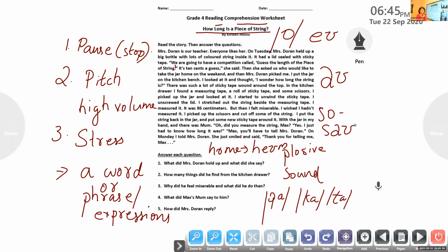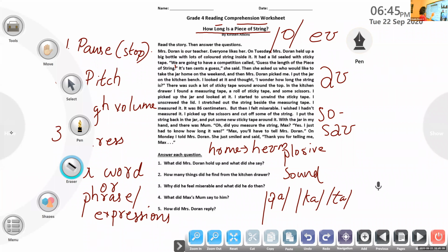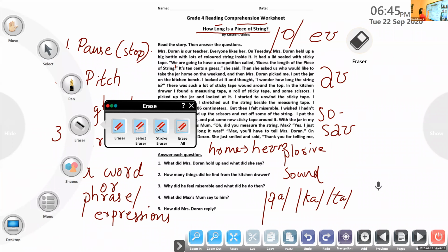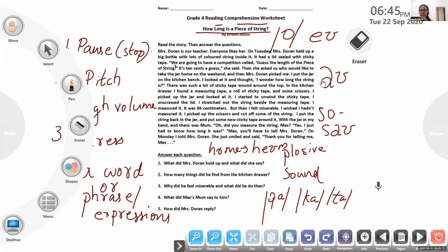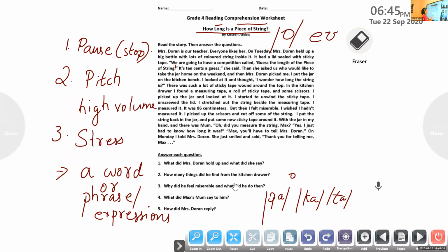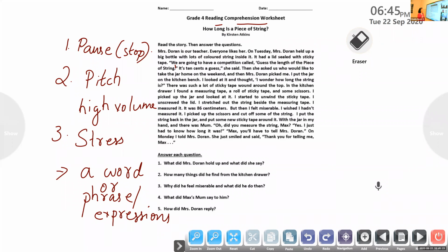All right. Could you try this once again, please, Gopika Shankar? You can start from anywhere, but concentrate on the plosive sounds. We are going to have a competition called Guess the Length of the Piece of String.